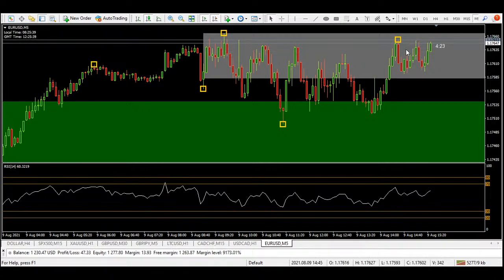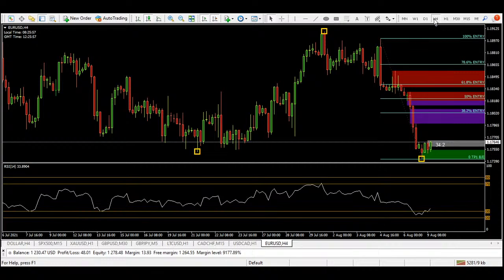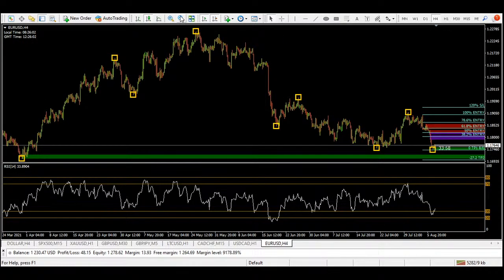This is Euro USD. We are in the US session. Hopefully my rambling kind of helps you guys. Coming off of this 4 hour, 4 hour right there, 4 hour down there. A couple of zones out there.